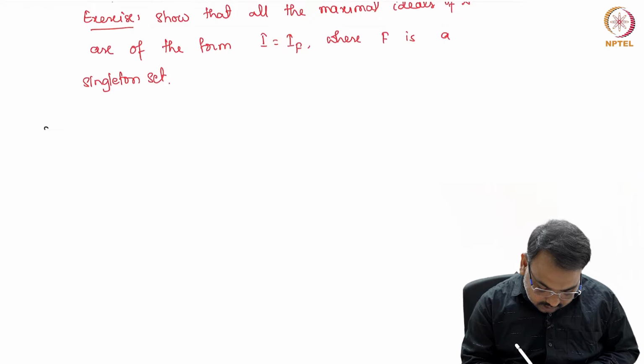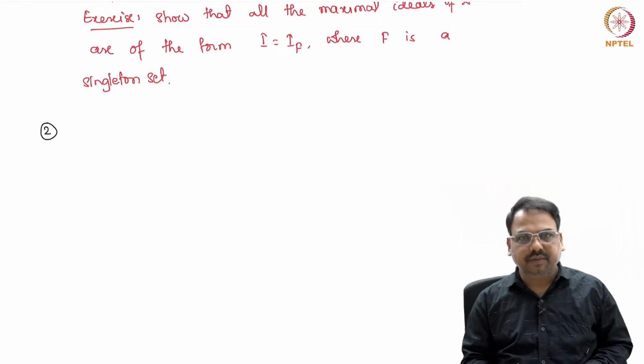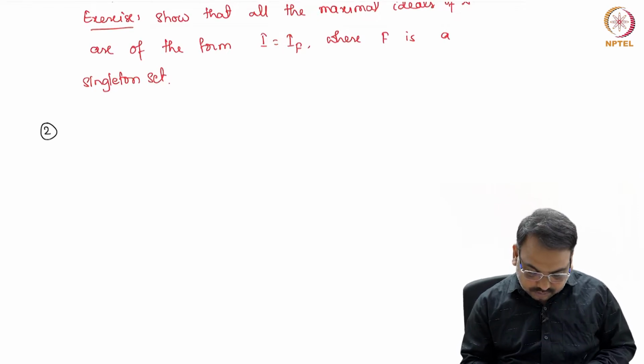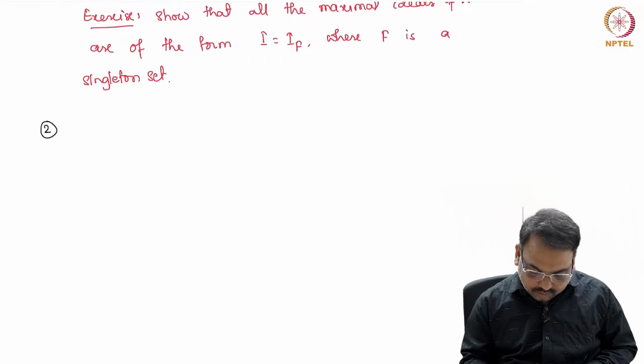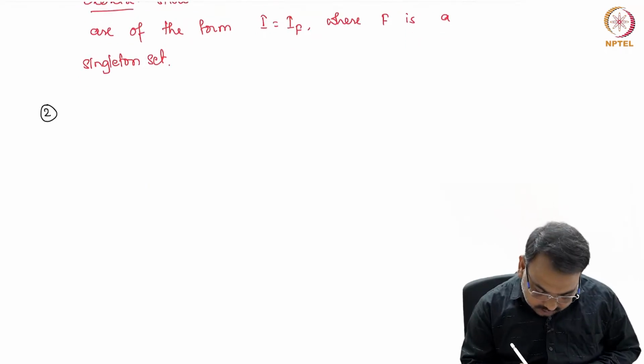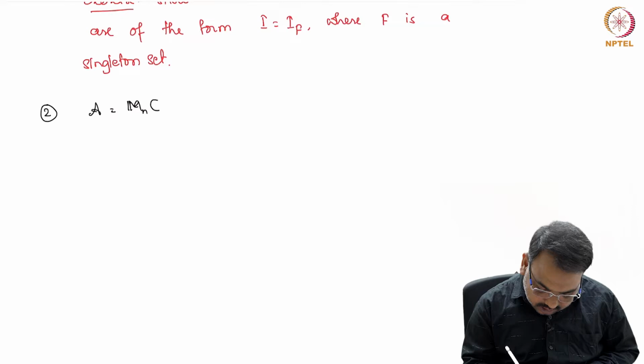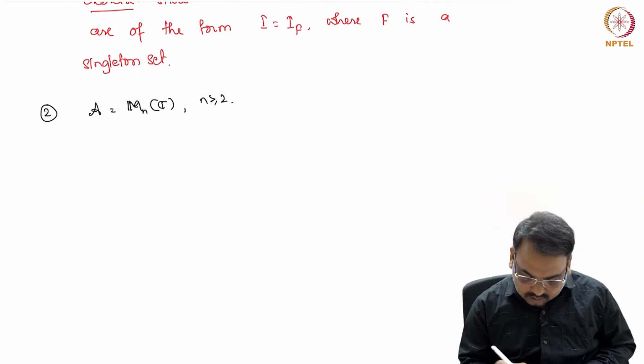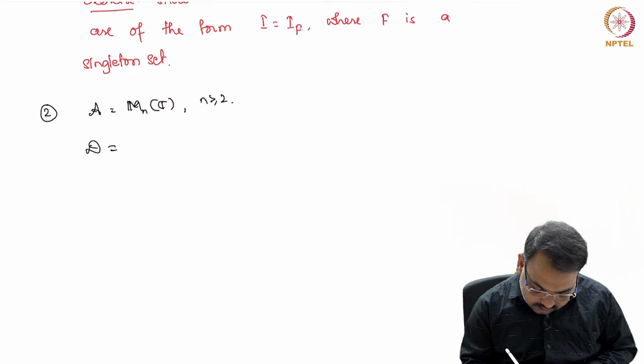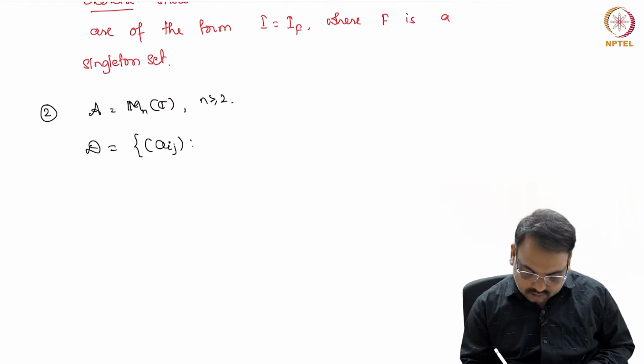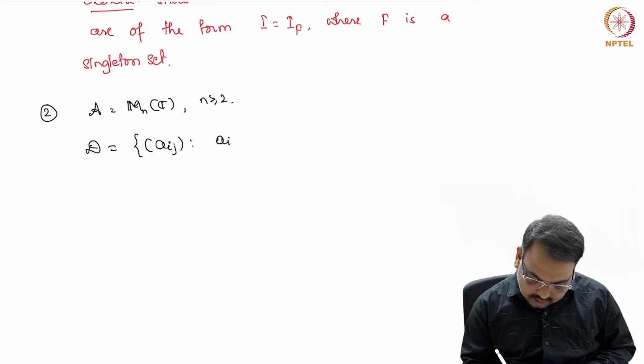So let us look at another example. Let us take A equal to M_n(C), n bigger than or equal to 2, and define D as the set of all a_ij such that a_ij is 0 for all i not equal to j.